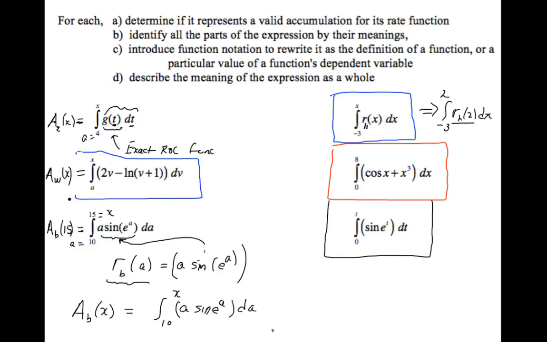Okay, this one here. Valid? Totally valid, right? Cosine x plus x cubed is the rate function. Times dx gives us a little bit of accumulation. Essentially constant rate of change. And then we're going to start accumulating at a equals 0 up until a final value of 8.